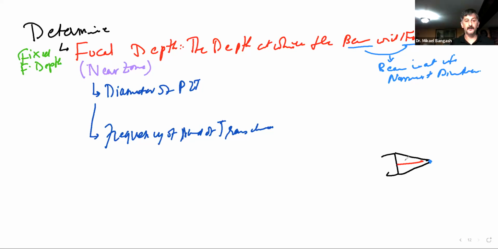Now there are going to be two things. One will be the diameter of the PCT. How big or small is the PCT? The second will be the frequency of this transducer.